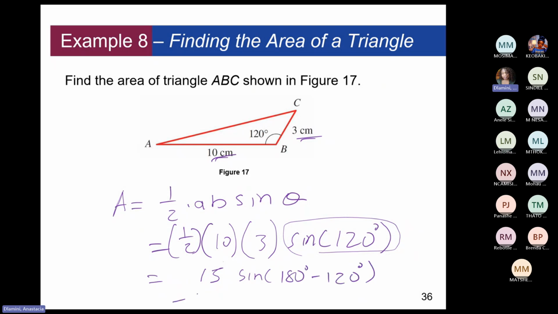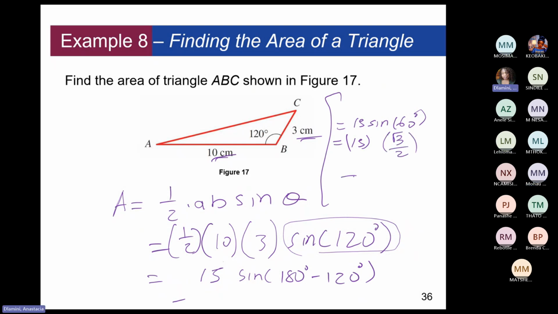So this is equal to, let me write it here, 15 sine of what? Sine of 60 degrees. And we know sine of 60 degrees, or sine pi over 3, is what, guys? Root 3 over 2. Thank you.